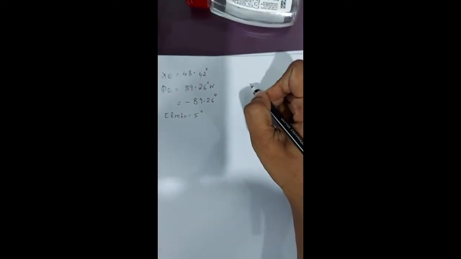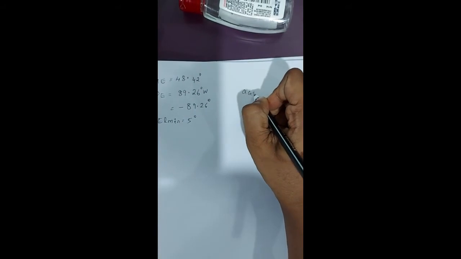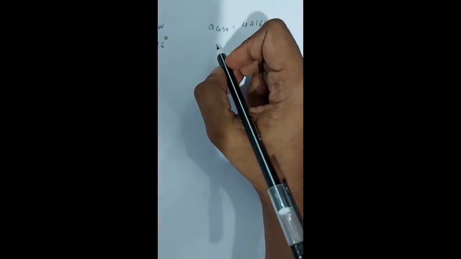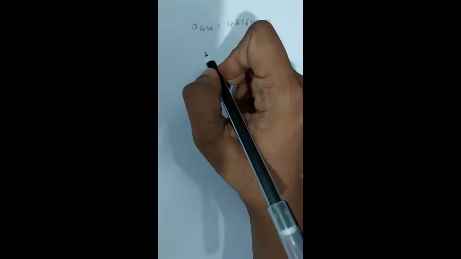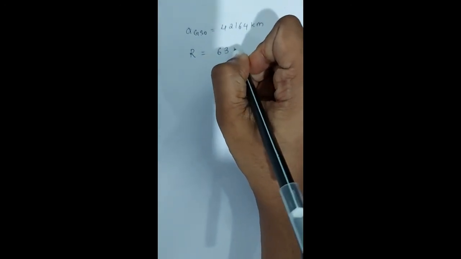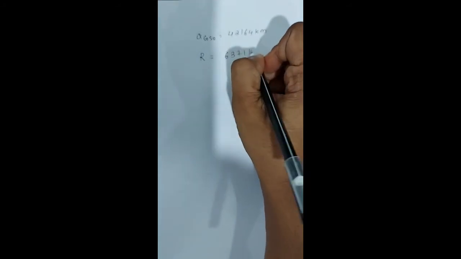As usual for all the problems, use AGSO equal to 42,164 kilometers and capital R value is 6,371 kilometers.